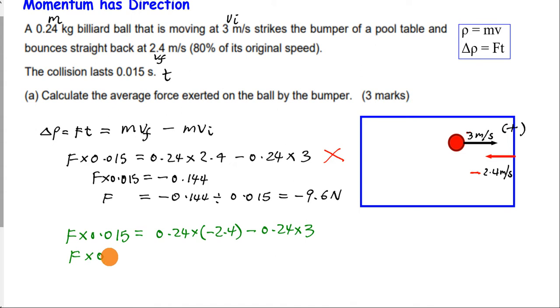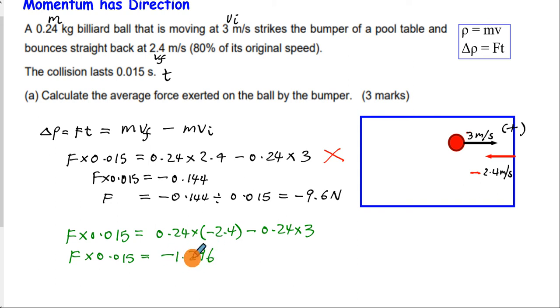And then for the second one, the correct one, let's see what's the difference. F times 0.015 equals, both of these numbers will be negative. I'm just going to put that whole thing in the calculator. That's minus 1.296.